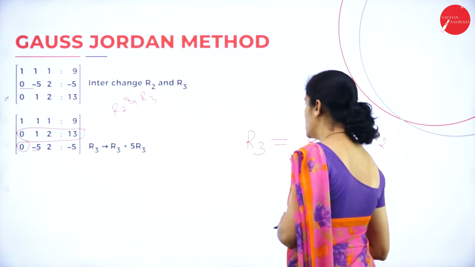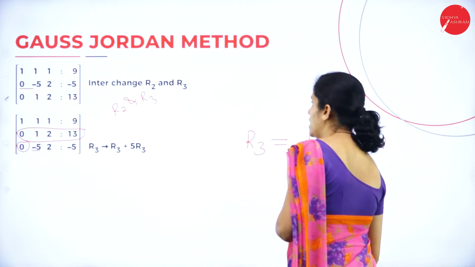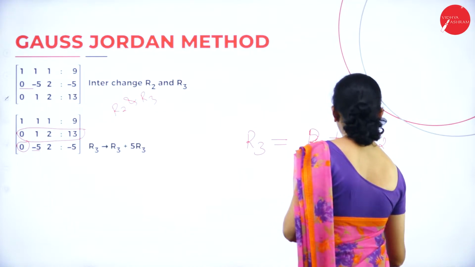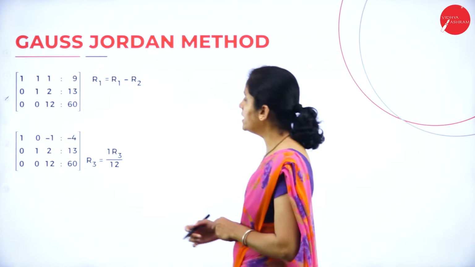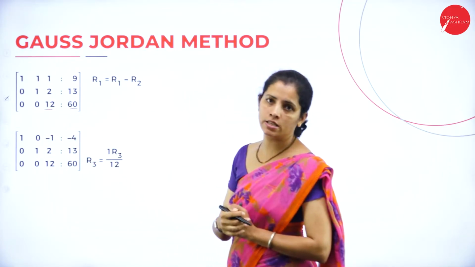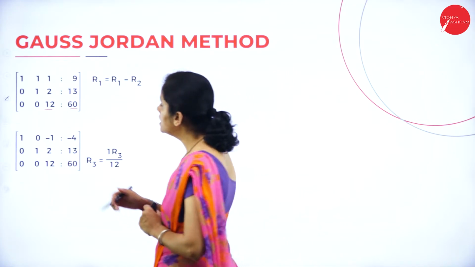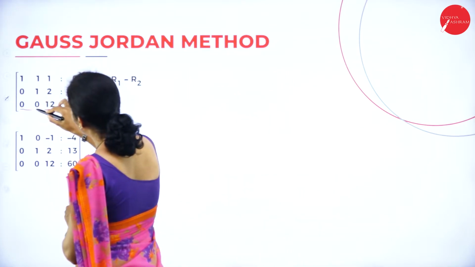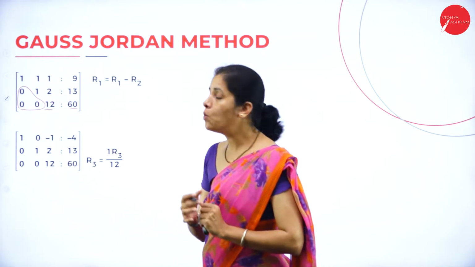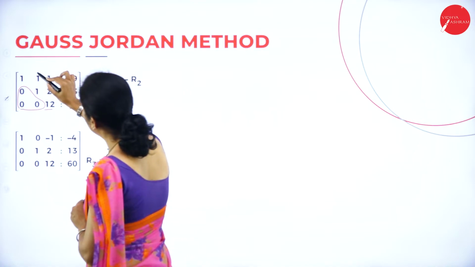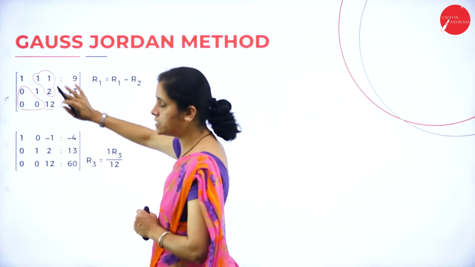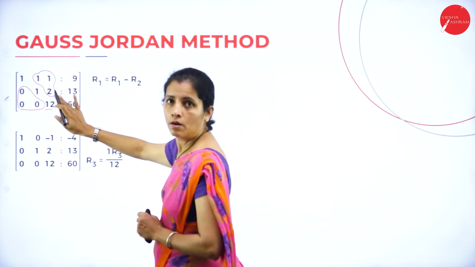Then I'll get minus 5 plus 65. So what is the answer I'm going to get? That is 0, 0, 12 and 60. Now see here, if I consider the lower triangle, all the values are 0. Now I just want to make only these 3 elements 0, except the diagonal.